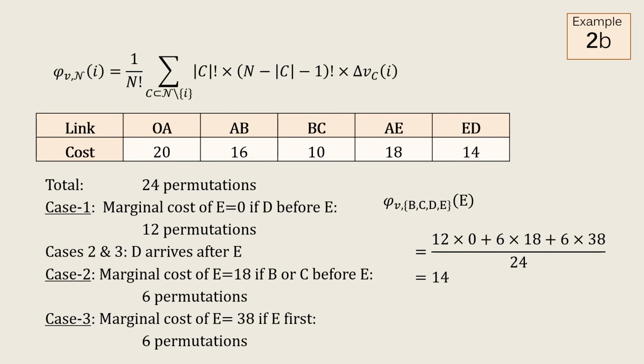Therefore, the Shapley value of E is: 0 in 12 permutations, $18 in 6 permutations, and $38 in 6 permutations. The total number of permutations is 24, and this works out to be $14, which is what we had originally computed for that same agent.